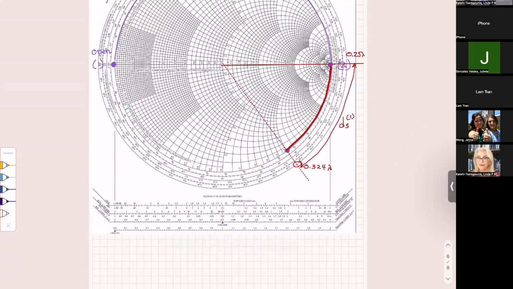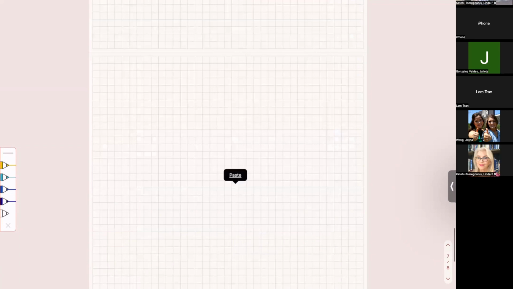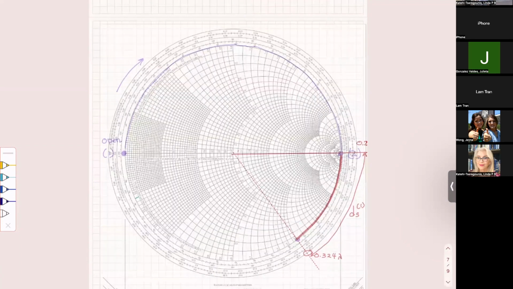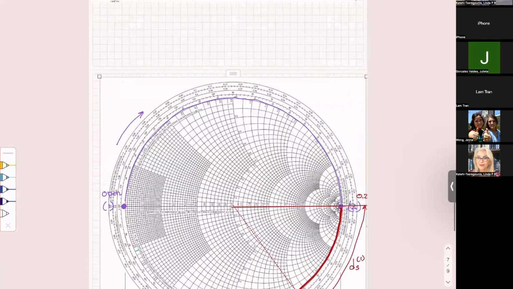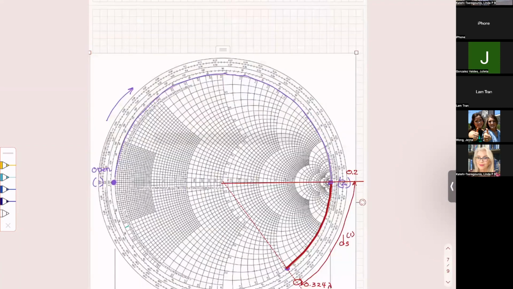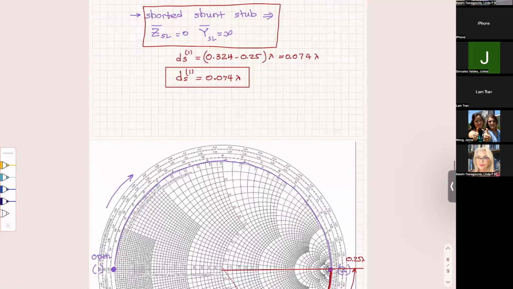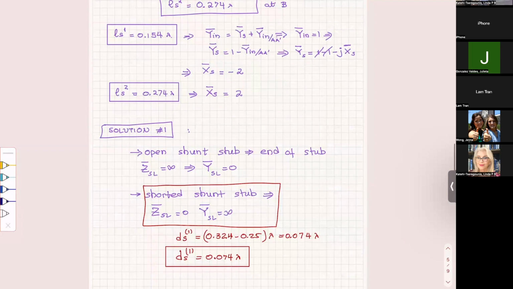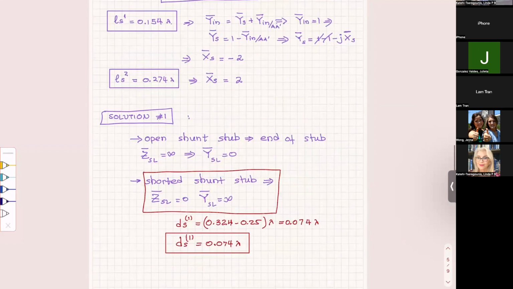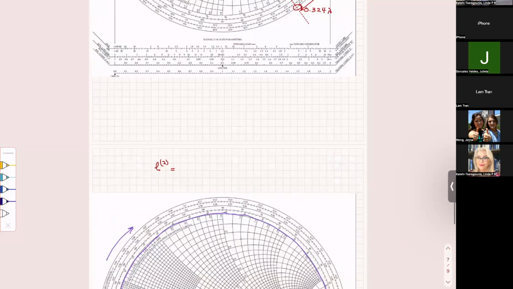Copy, paste. So if this is x and 2, 0.274 lambda, when x is 2.